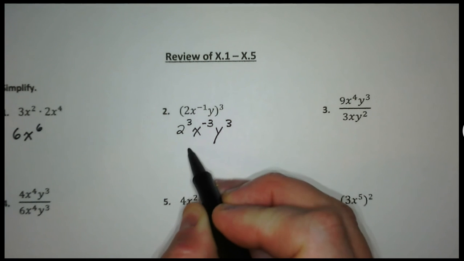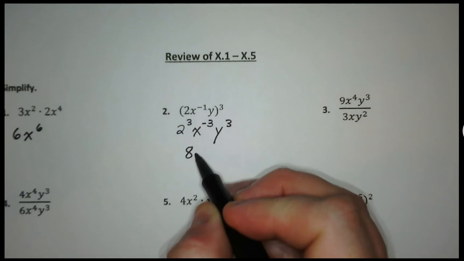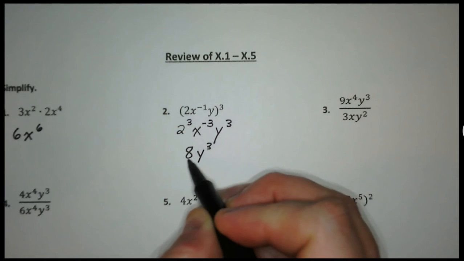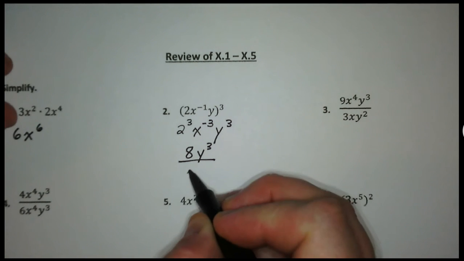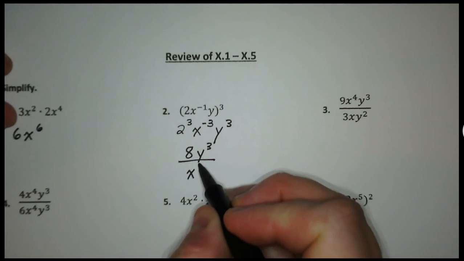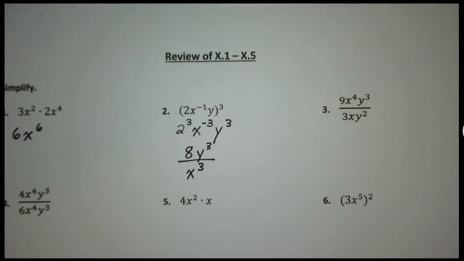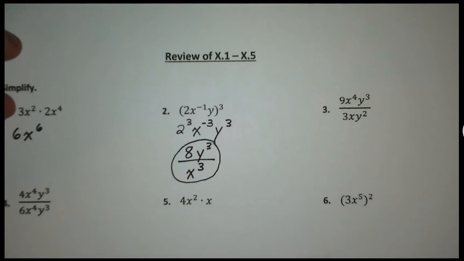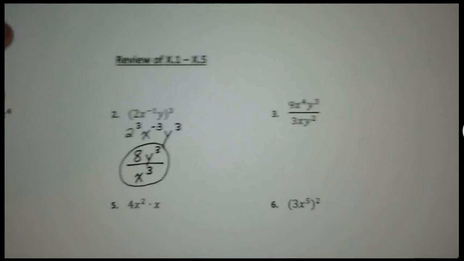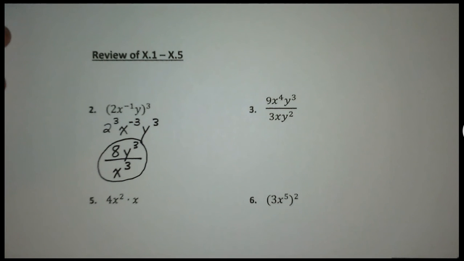So 2 to the third, which I guess we'll just call 8, and the y to the third, those are going to stay, quote unquote, in the numerator. But the x drops down to the denominator, and we're going to make that a positive power. So that would be a final answer worth finishing with.